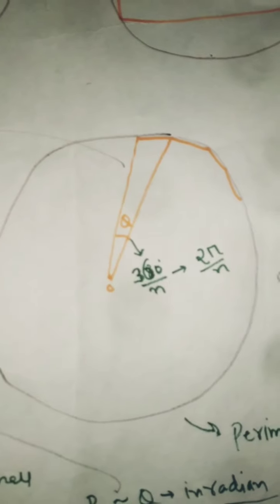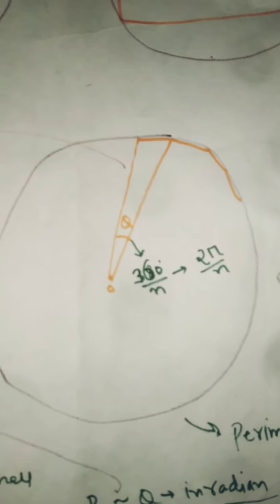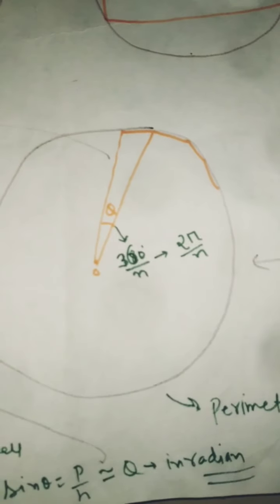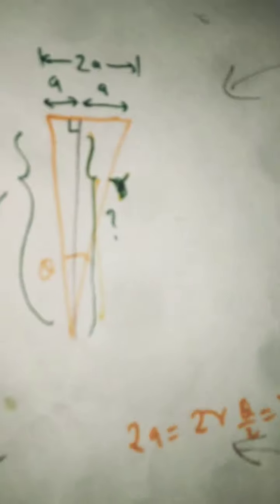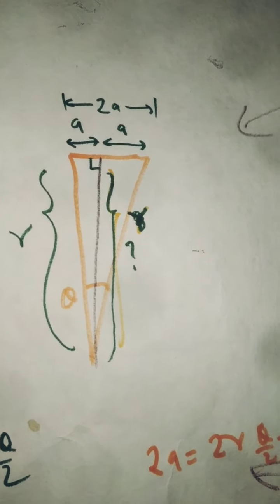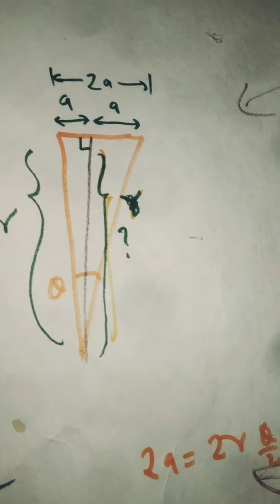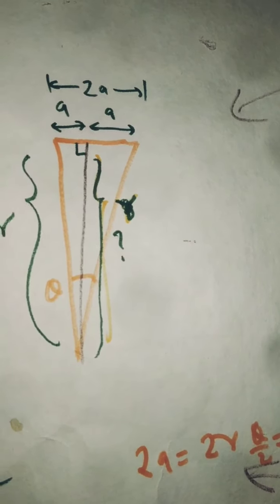In terms of radians, it's going to be 2 pi by n, since 360 degrees is equivalent to 2 pi radians. So now let's move to find out the side of one of the segments.